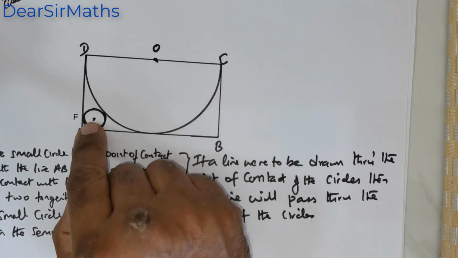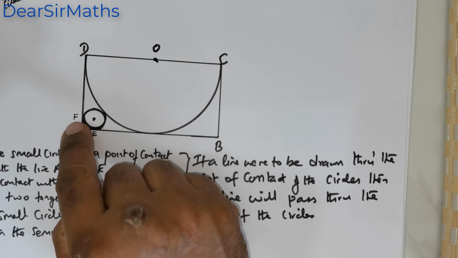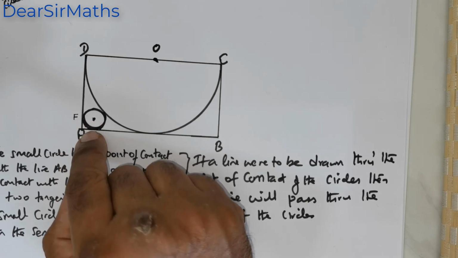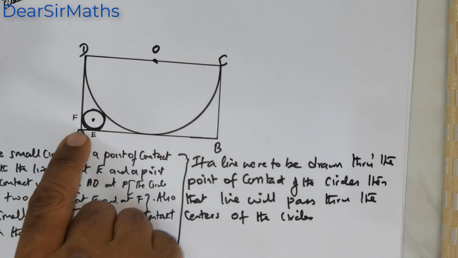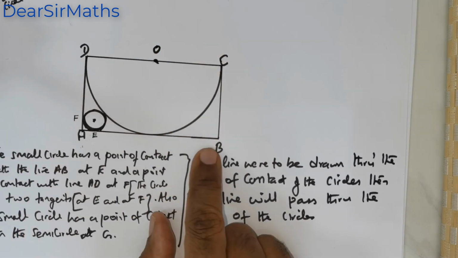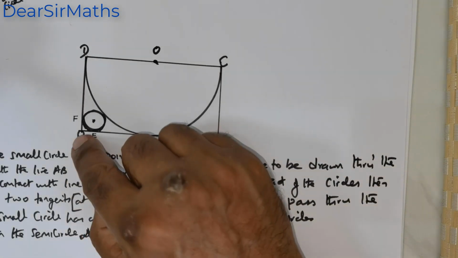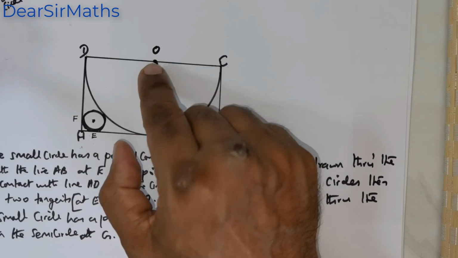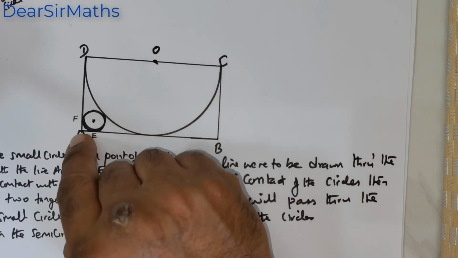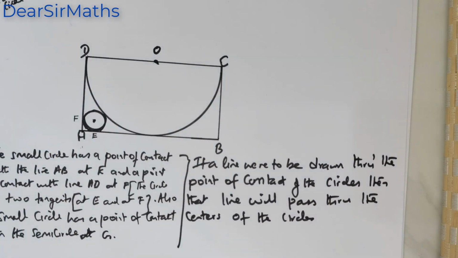Similarly, if I were to draw a line from the center to this tangent, that will be 90 degrees. So in all, we got 90, 90, 90, and this corner is also 90 degrees because this is part of a rectangle. So any line that connects the centers will also hit the point A.